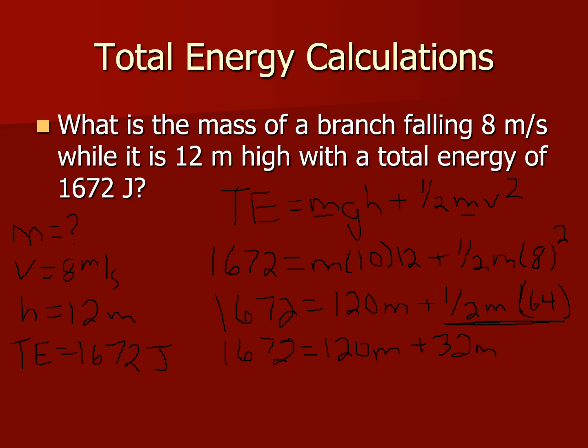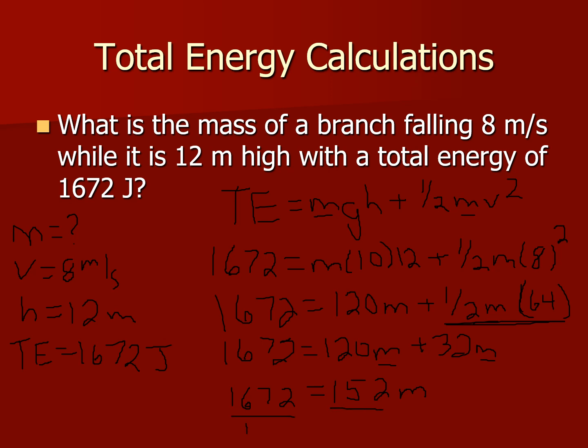Oh, we've never gotten to something like this before. But because these are both m's, they're like terms. If they're like terms, you can add them. So I can actually call this 152 m equals 1672. And all I have to do is divide both sides by 152 to get the answer.